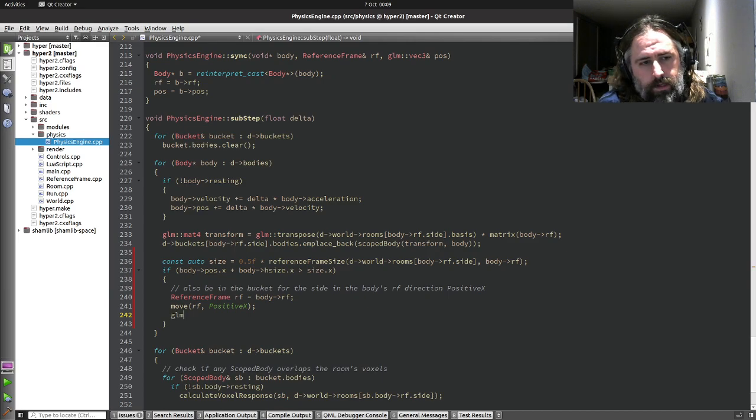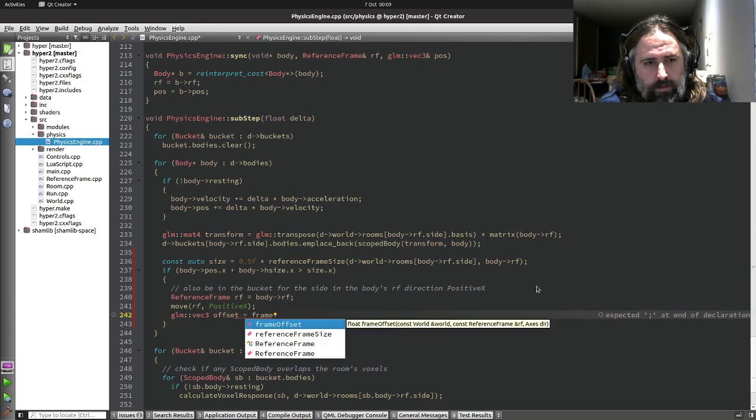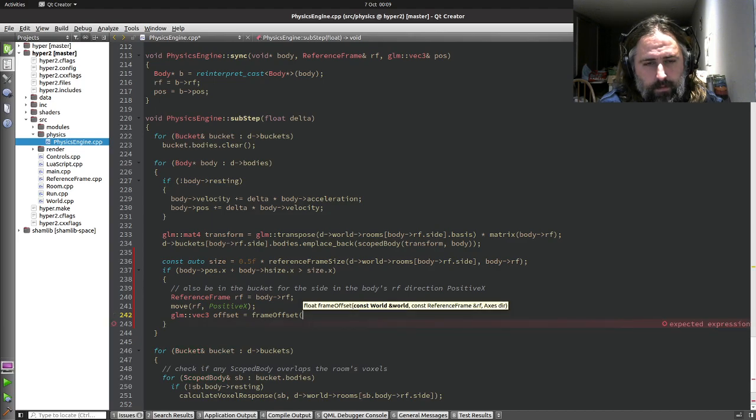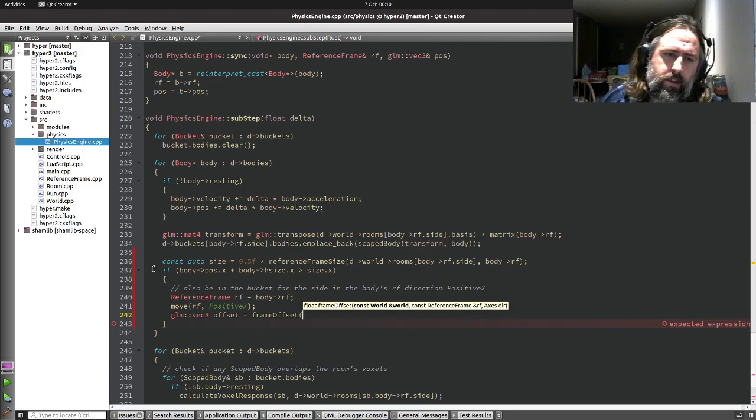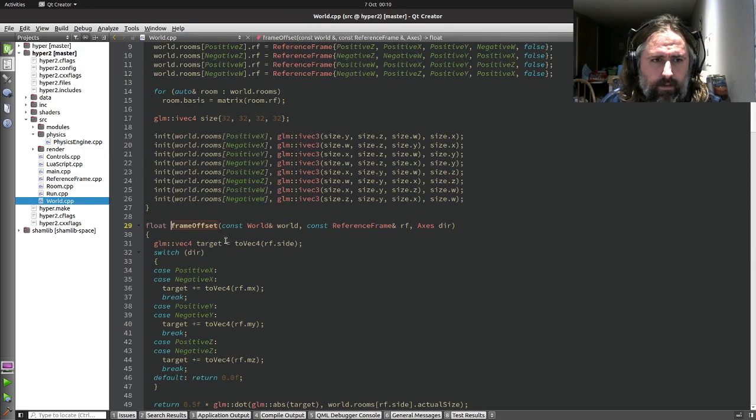And you also want to make an offset which is going to be a frame offset of, it's really like, size x plus size w, in the negative x direction, which is I think what the frame offset function actually does.